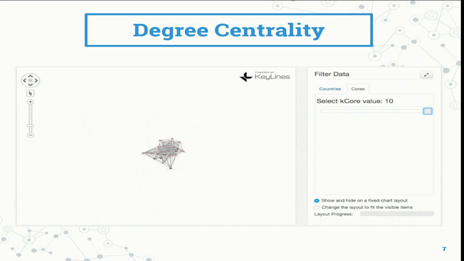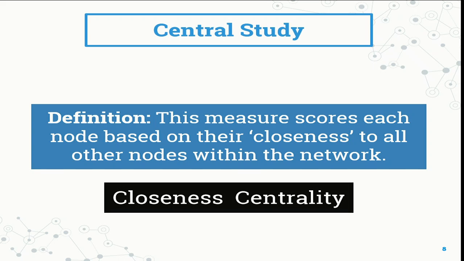Next we will look into closeness centrality. You will study how close other nodes are to the node you are looking at within that network. In other words, you are calculating the shortest paths between all nodes, and then assigning each node a score based on the sum of the shortest paths. Why do you do that?